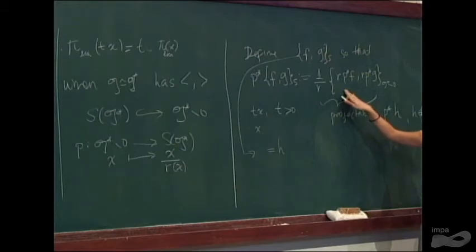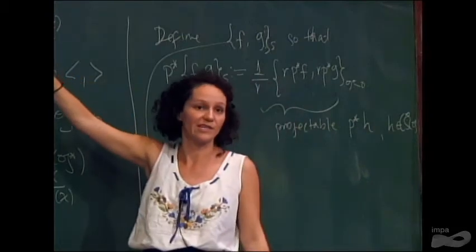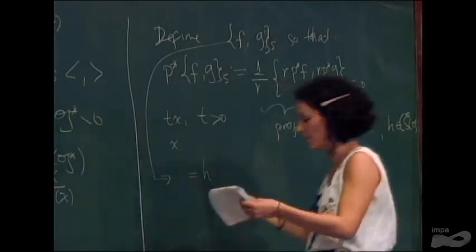You just do a very straightforward computation and use that the Poisson bracket is linear, and that's all.